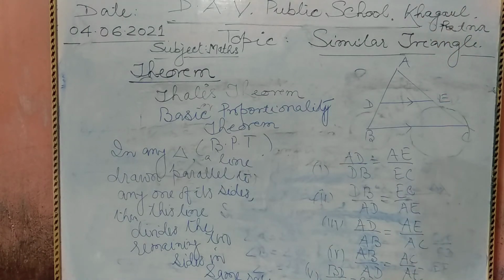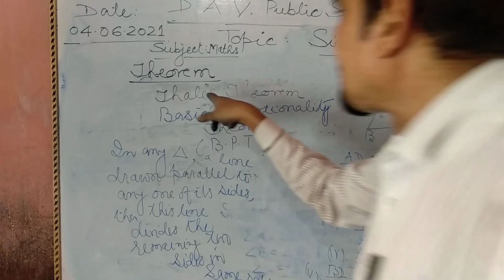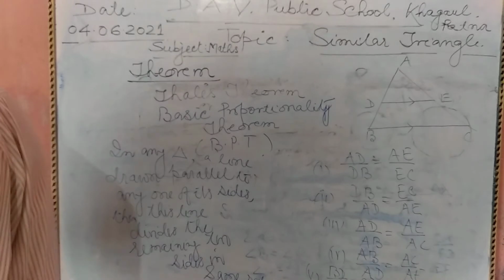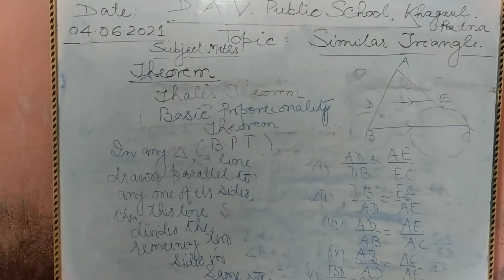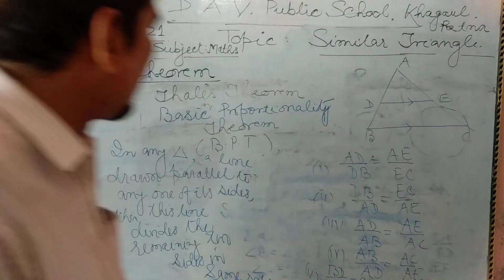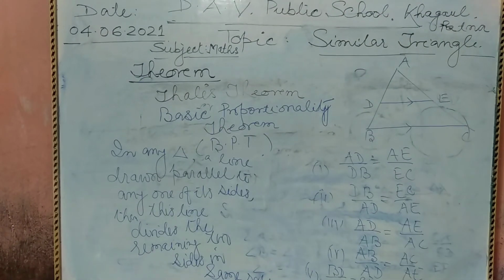Okay, so this theorem was given by Thales, who was a Greek mathematician. That's why that theorem is known as Thales theorem. Okay, and it is also known as basic proportionality theorem.